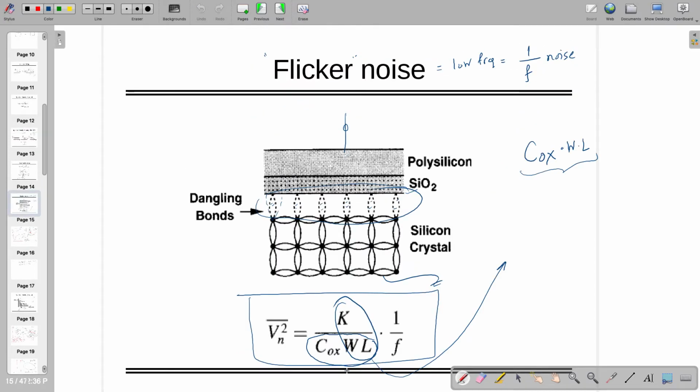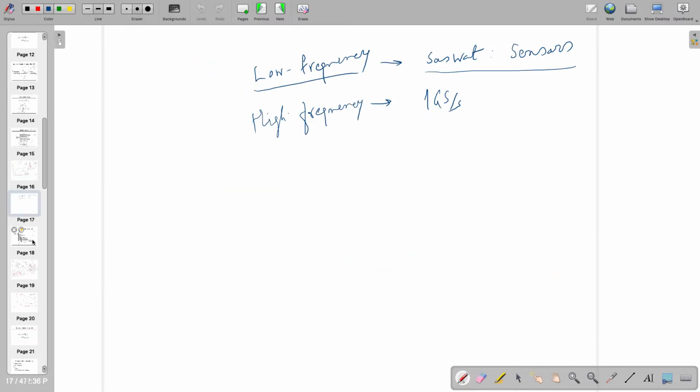If you increase the values of W and L, you might have lower flicker noise. Same as previously with capacitance, you are increasing capacitance again.